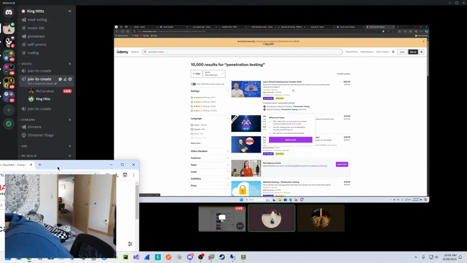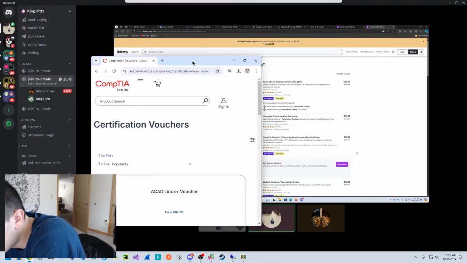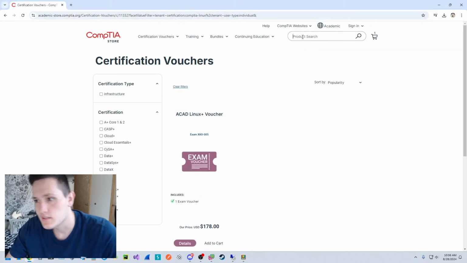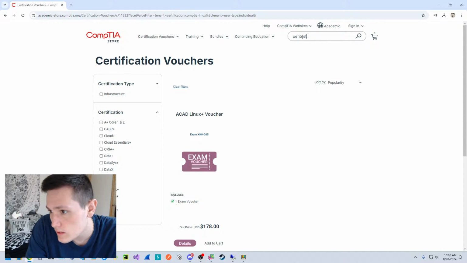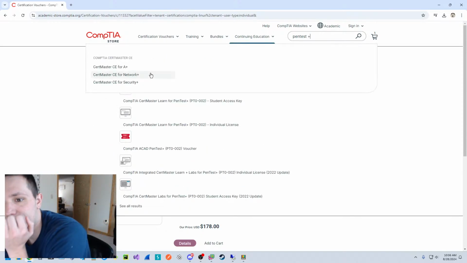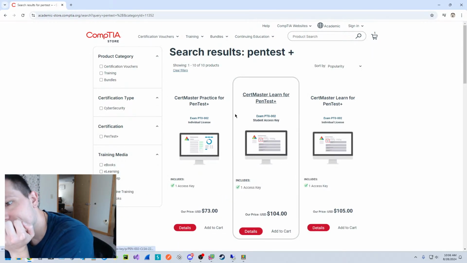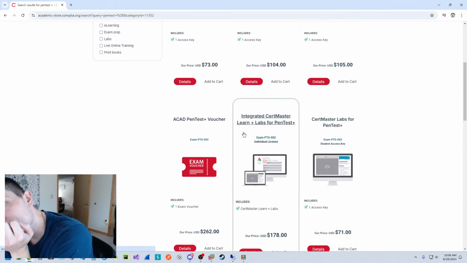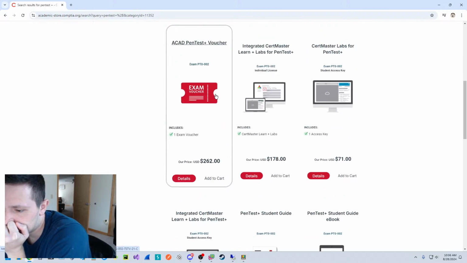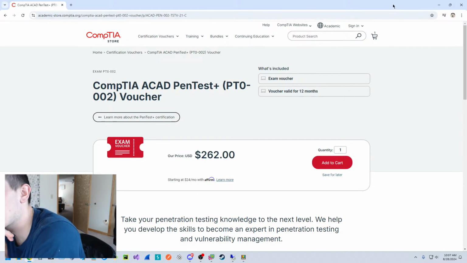Oh, it's $18.99? Shit. Hold on, what version is that though? PT0-002? Let me look on here for PenTest, because that's my next cert after CISA. Yeah, 02. Okay.